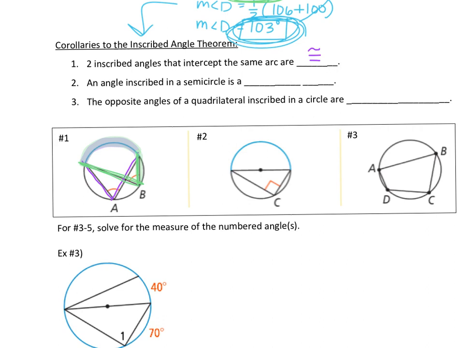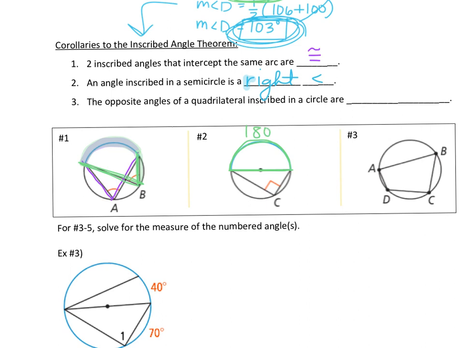The second one, it says an angle inscribed in a semicircle, oh, I'm still on my highlighter, is a right angle. Okay, think about that. If I have a semicircle, okay, so this is a diameter, meaning this arc right here is 180, right? It's half of a circle.